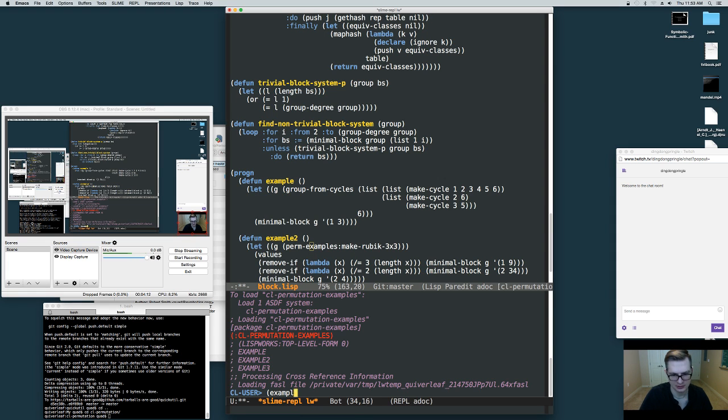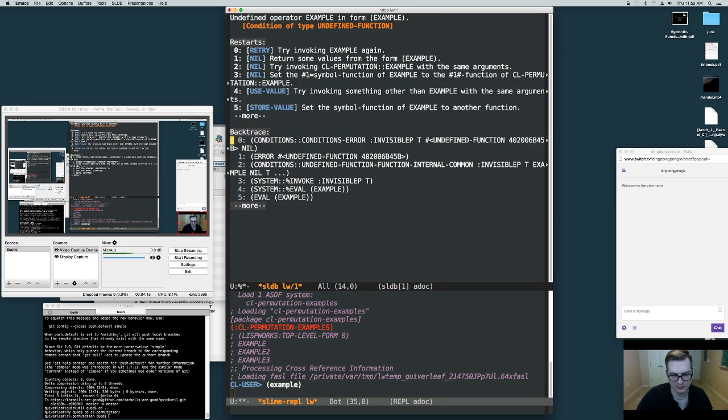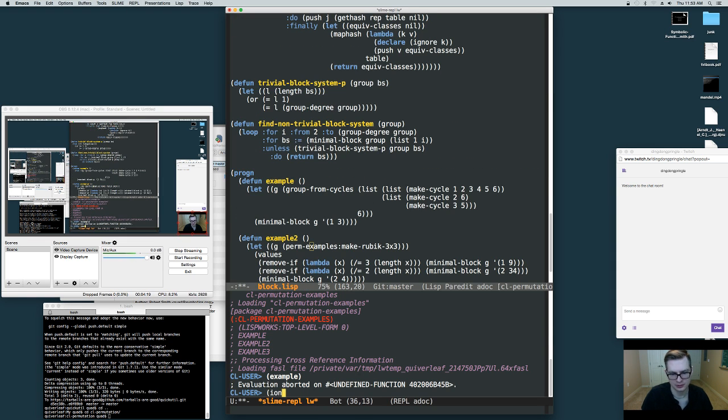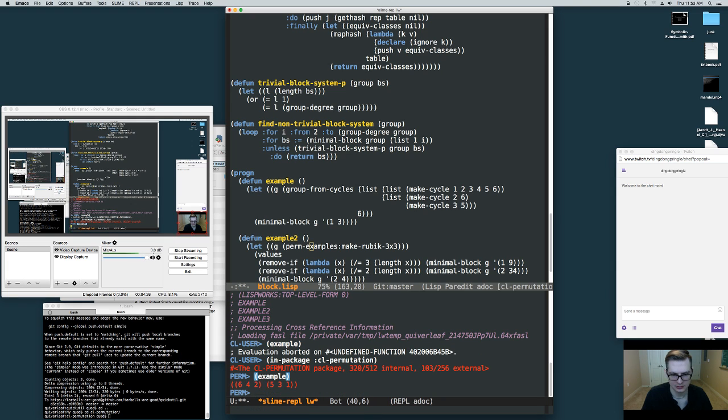I need to go into the right package. And we see here that the blocks are 1, 3, 5 and 2, 4, 6, which seems right. Whenever we apply any permutation, these points move together and these points move together.